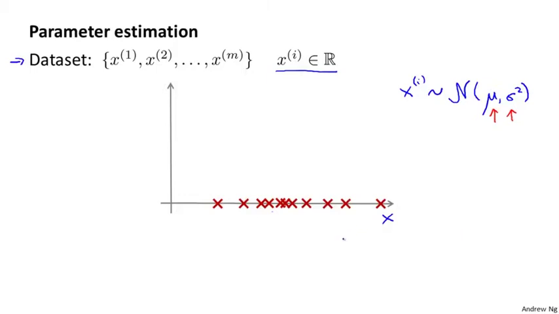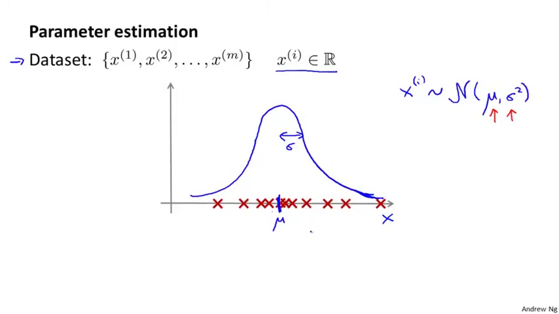So if you're given a data set like this, it looks like, if I estimate what Gaussian distribution the data came from, maybe that might be roughly the Gaussian distribution it came from, with mu being the center of the distribution and sigma, the standard deviation, controlling the width of this Gaussian distribution.